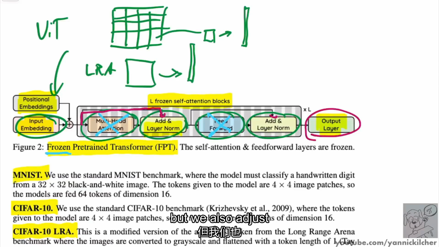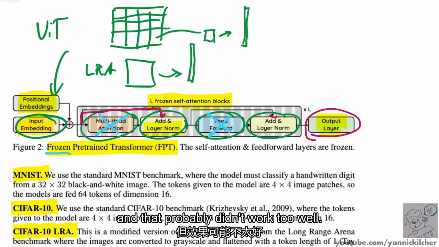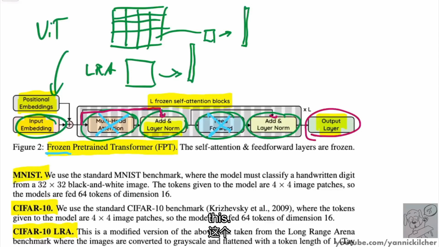But we also adjust the layer norm parameters, right? But we don't adjust the attention. My immediate thought was they probably tried doing it without the layer norm parameters at the beginning. They probably tried just adjusting input and output embeddings. And that probably didn't work too well. And in the ablations, you're actually going to see this. And I think this hinges on the fact, and we've seen this with transformers before, I think they're called adapter layers.